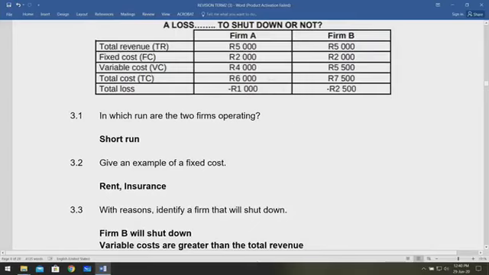And you also look here at their variable cost in terms of what they are earning, right? Their variable cost is even higher than the revenue that they're earning. Whereas at least in firm A, you see its variable cost is still lower than the revenue.